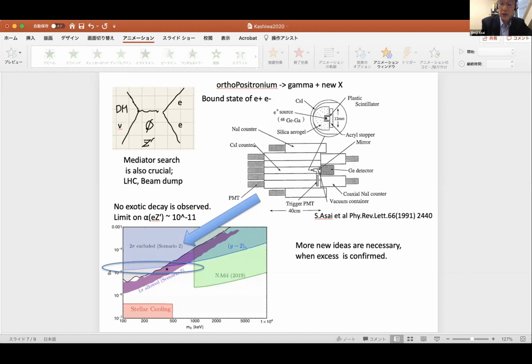Using this experiment, this new region can be excluded. Of course, there are still interesting regions remaining. So what I want to say is, if the excess is confirmed, more new ideas, including not only accelerators but also atomic physics and optics, are necessary.